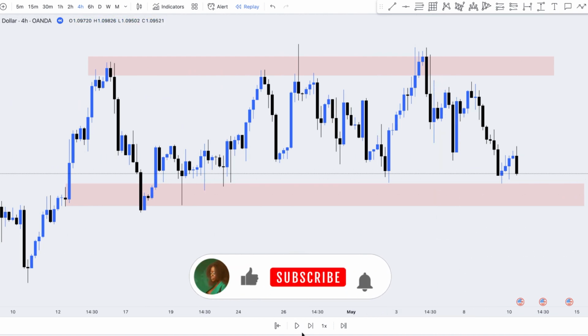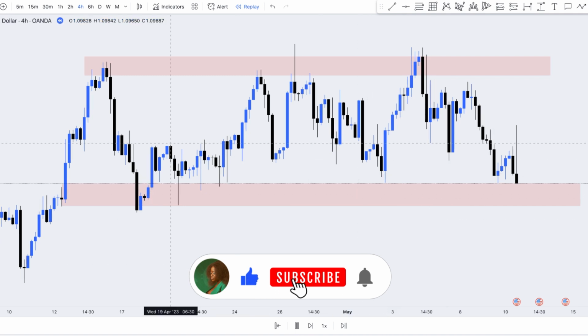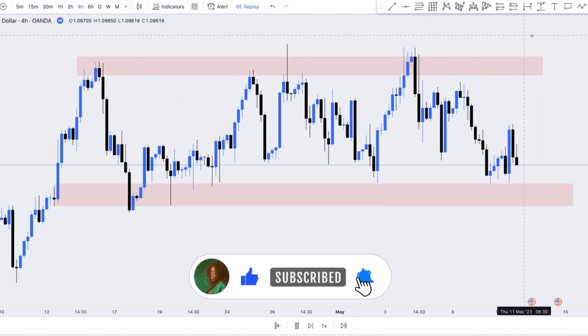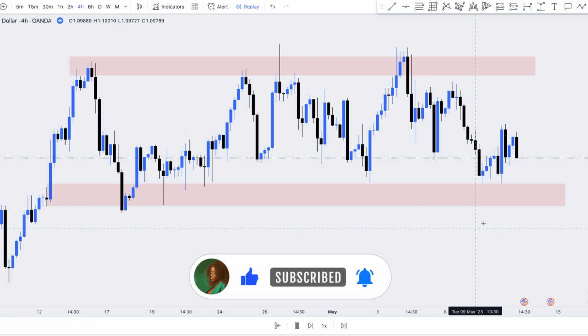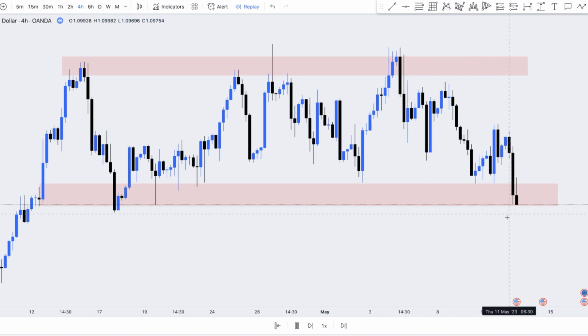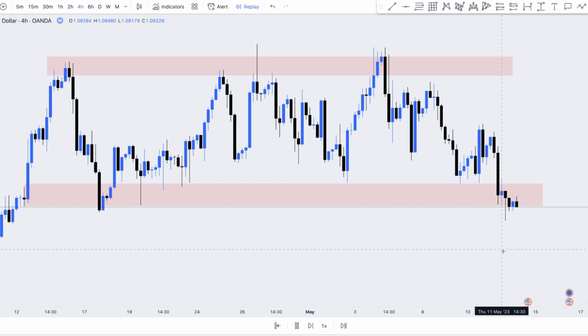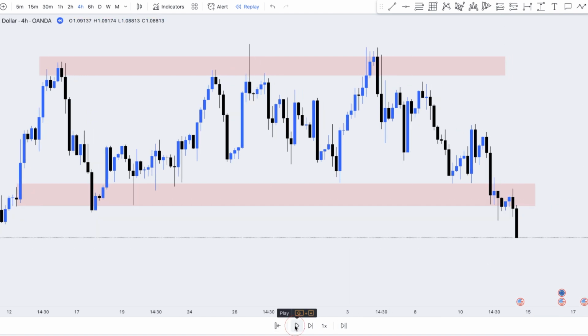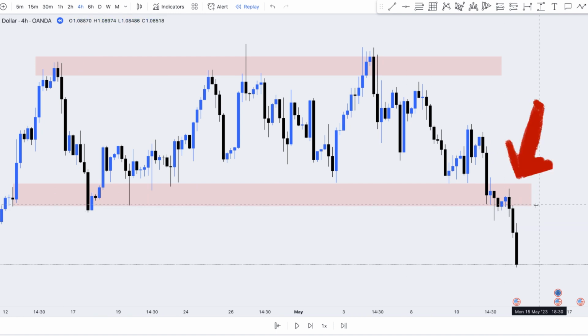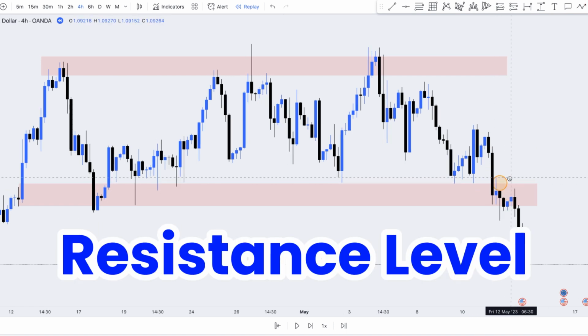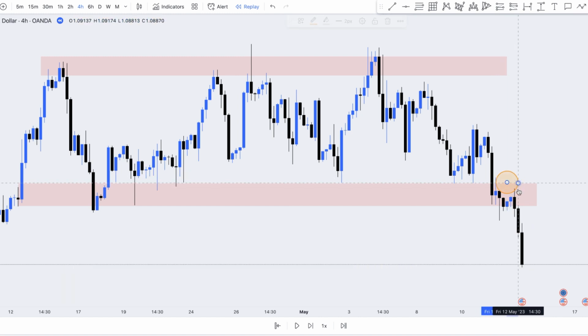The reason why I'm saying that is that let's look at an example here. This is our resistance level and this is our support level. Now we are waiting for price to break the support level so that I can explain what I mean. Now because we drew this as a level, you can see that price came back for a retest in that same level, which is now our resistance level.